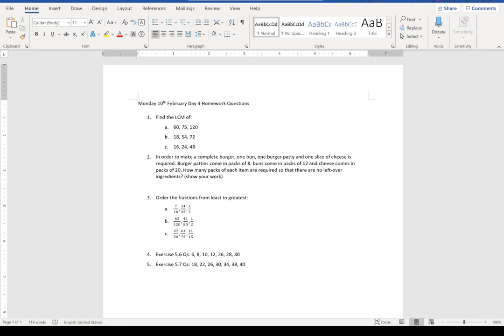It's just an application. And in question 3, you have to order the fractions from least to greatest, show your working out, and then you lastly write them from least to greatest in the original form. And then question 4 and 5, you need to use your exercise packet and do those remaining questions.